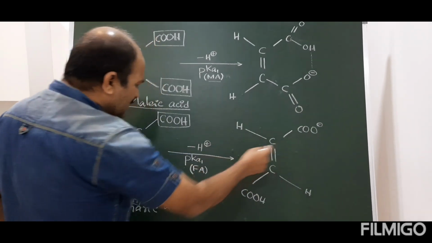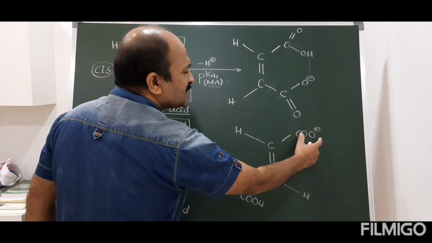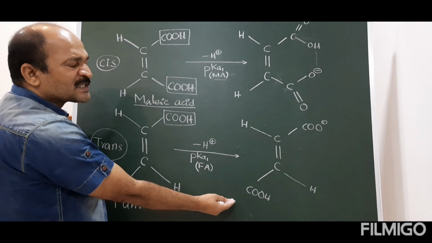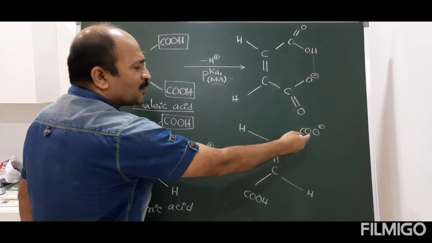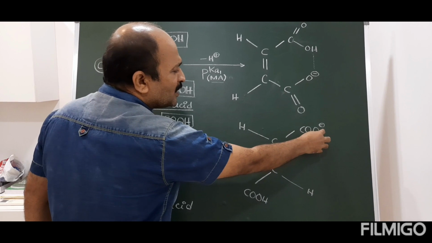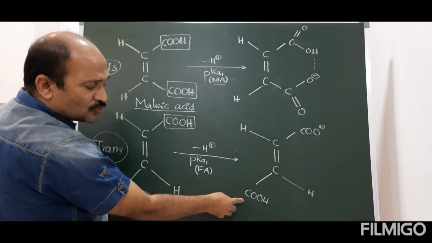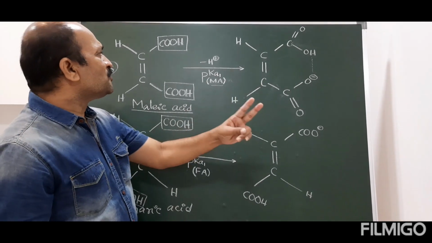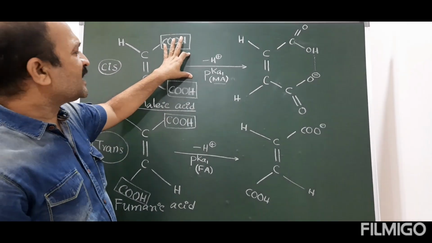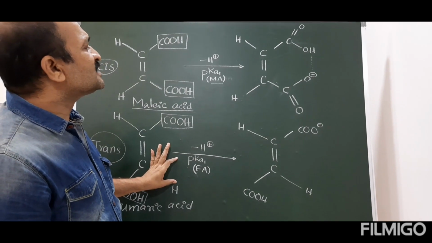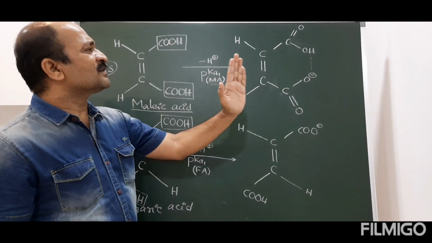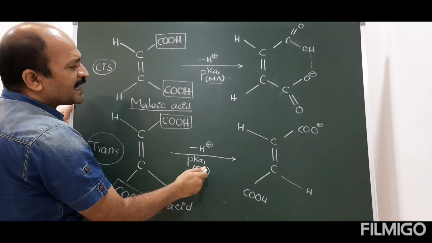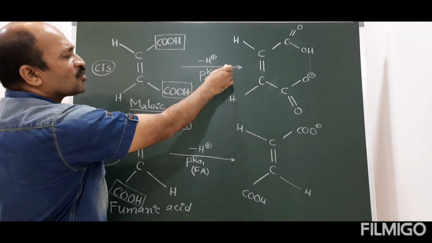But in the case of fumaric acid, when it ionizes, it is unable to form the cyclic compound, because the COOH group is present on the opposite side of the COO group, so it is unable to form a hydrogen bond with it. So these two factors support that maleic acid is a stronger acid and fumaric acid is a weaker acid. This is regarding the ionization of one COOH group. When you compare maleic acid and fumaric acid, maleic acid is the stronger acid.